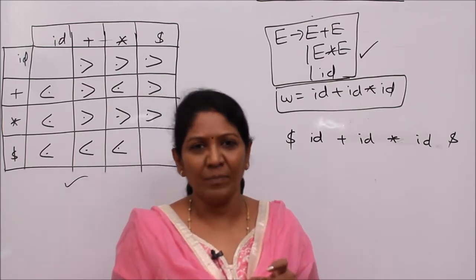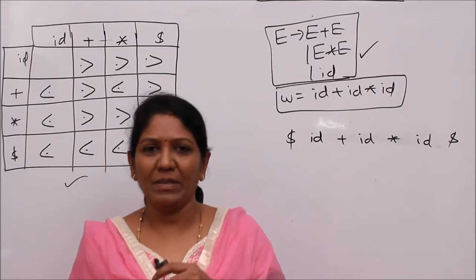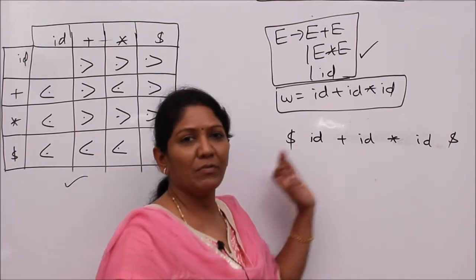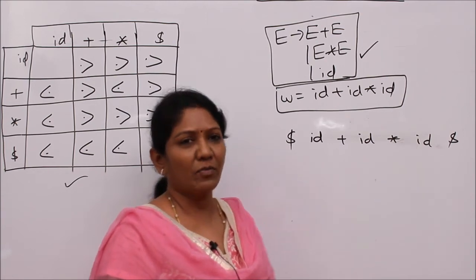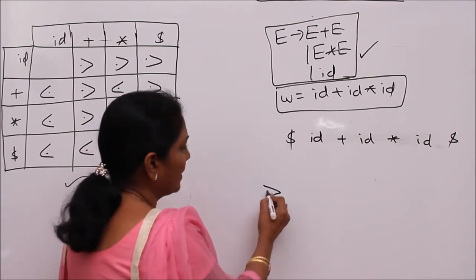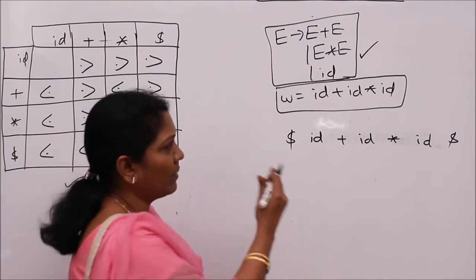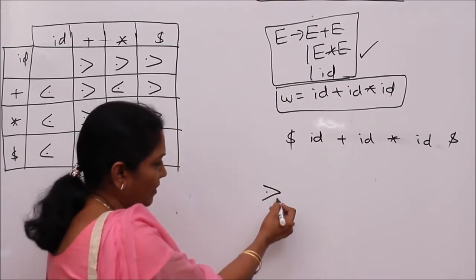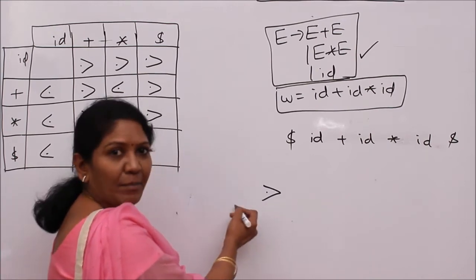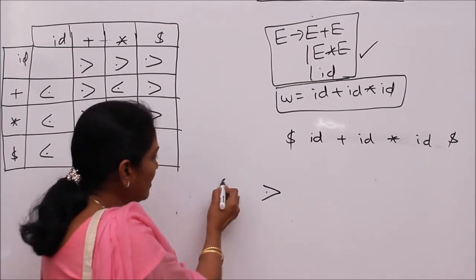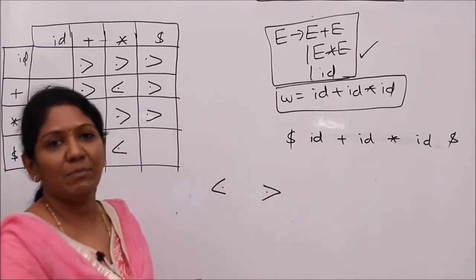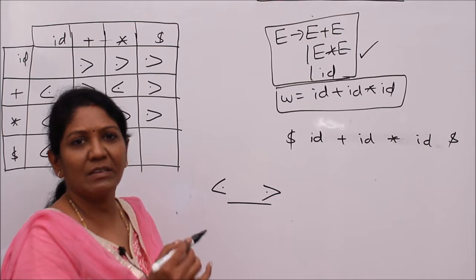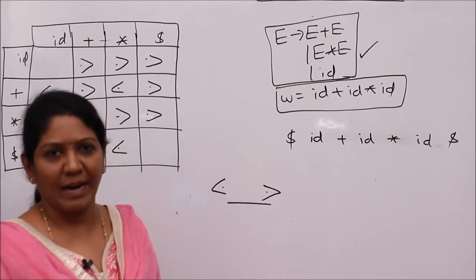Once it has inserted the relations, it scans the input string from left to right. Whenever it sees a greater precedence symbol, it stops there and goes in the backward direction till it sees the corresponding less precedence symbol. Whatever it finds between a less precedence and a greater precedence is the handle.